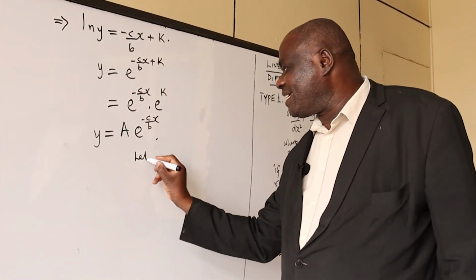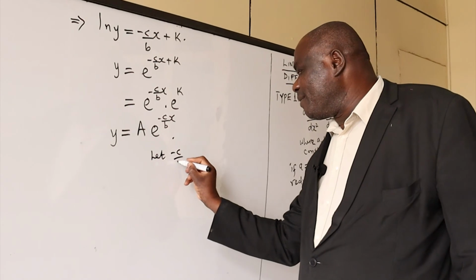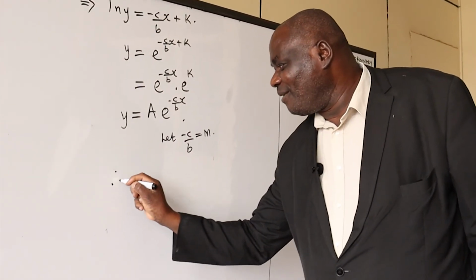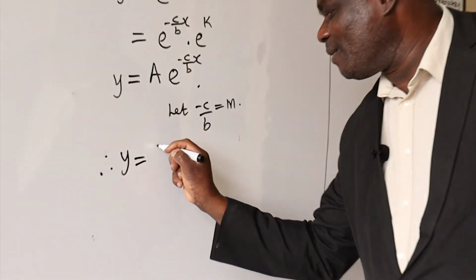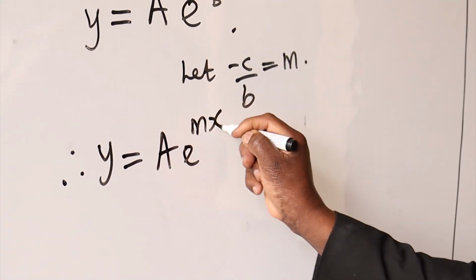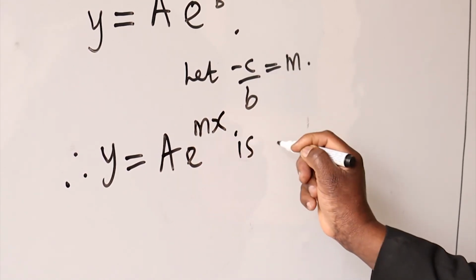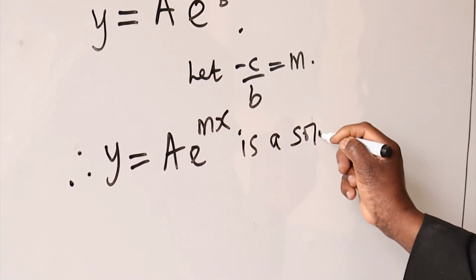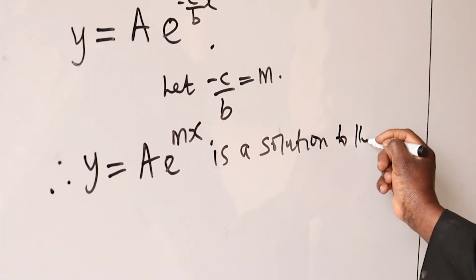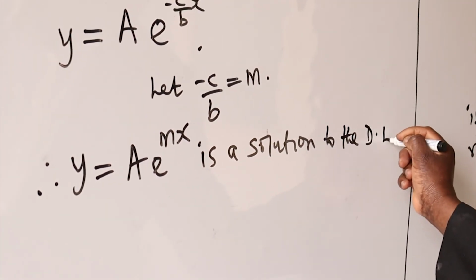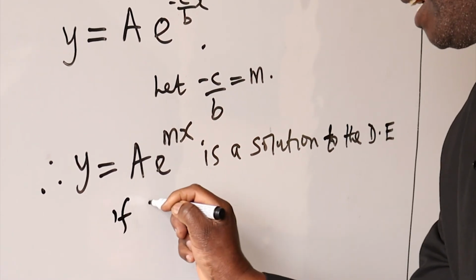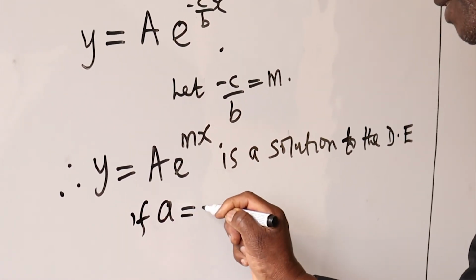If we let minus C all over B be equal to a constant m, therefore our y is equal to A e power mx, which is a solution to the DE if A is equal to 0.